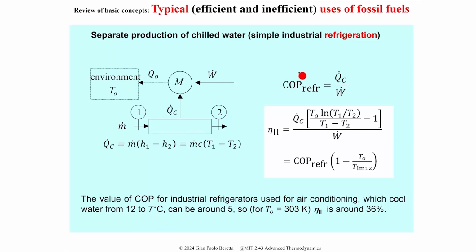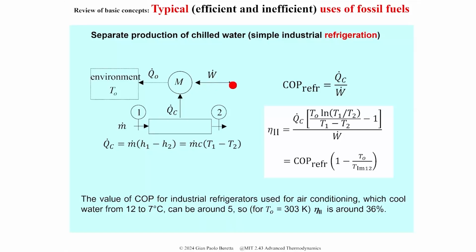So you can define a COP of the refrigeration, which is the heating load, so the heat that it takes away from the working fluid, divided by the work that you have spent in order to run the machinery, typically a compression cycle or refrigeration cycle, but not necessarily.